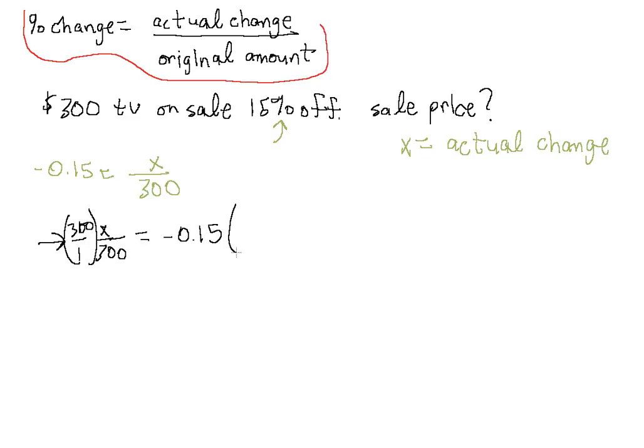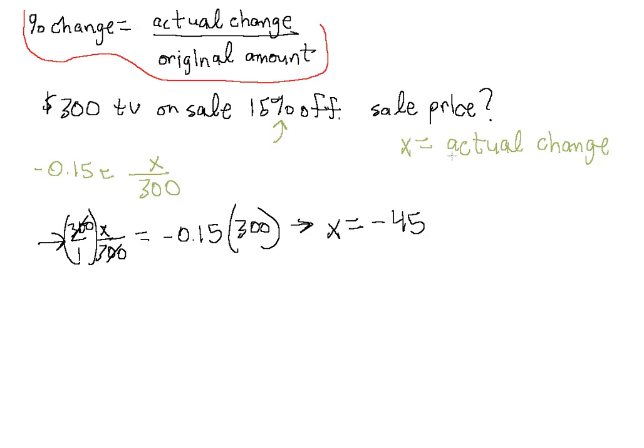We have to do the same thing on both sides, multiplying by 300. These two terms cancel, and we're left with x by itself on the left side, and we're multiplying minus 0.15 times 300, which gives us a minus 45. So the actual change in the price is minus $45.